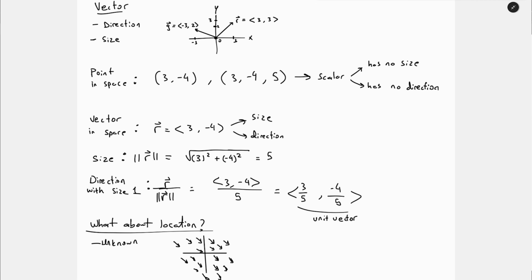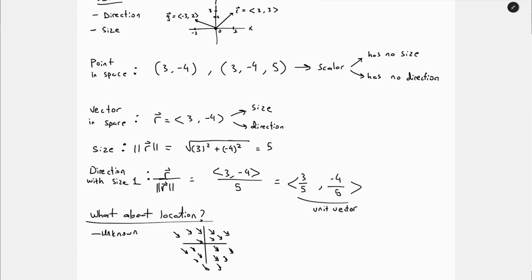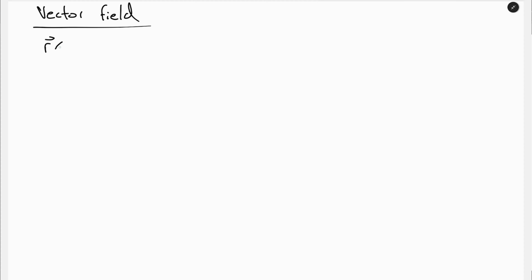So what if now we have a function that specifies both the vector and its location? Then now we have a vector field. So now we moved on from this to that.